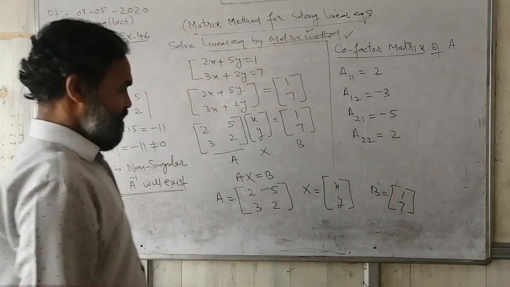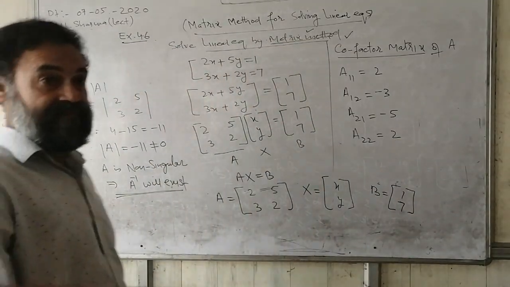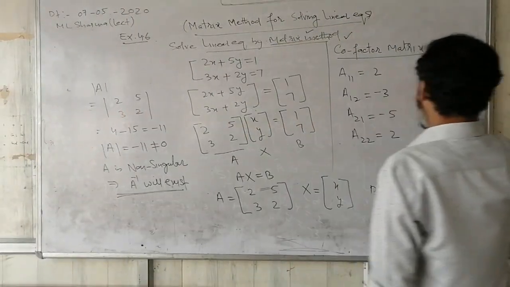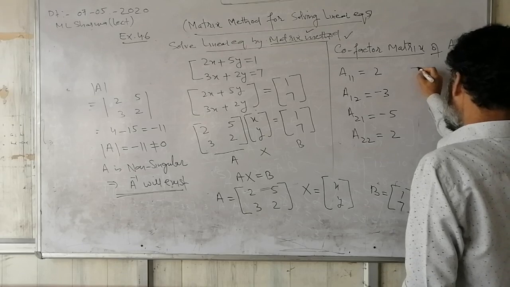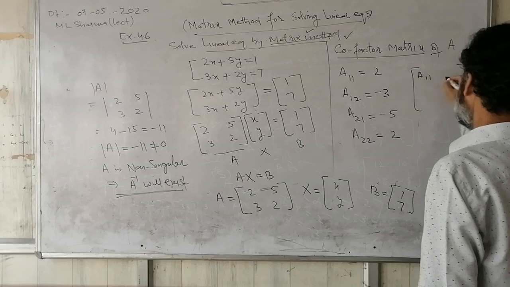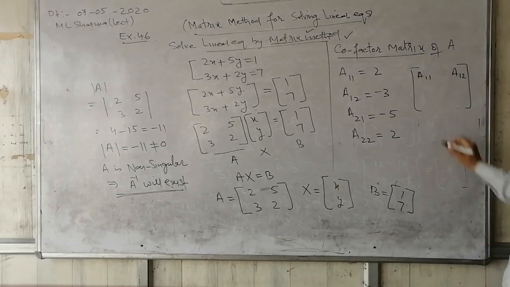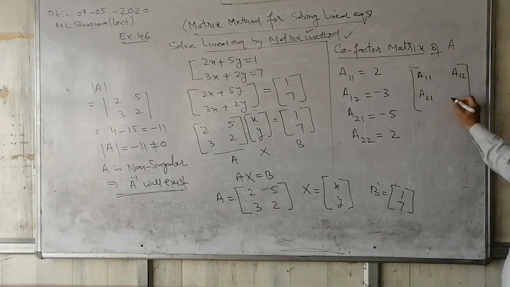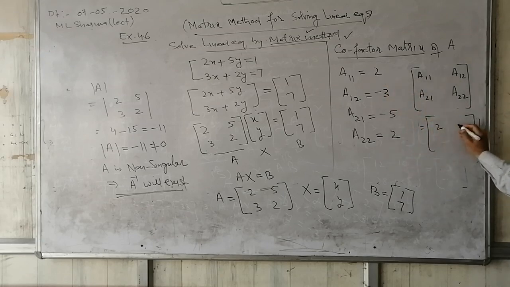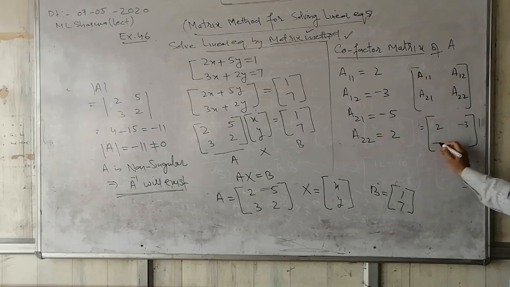So next, the cofactor matrix will be in this form: A11, A12, A21, A22. That means this will be equal to A11, which is 2, A12, which is minus 3, A21, which is minus 5, and A22, which is 2.